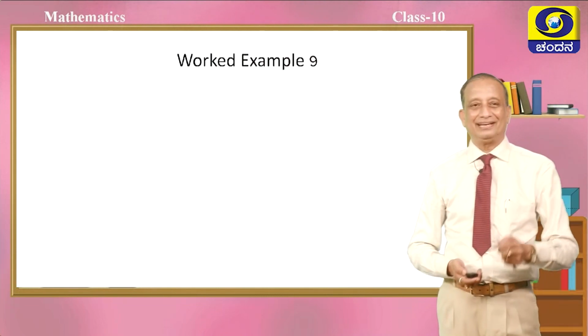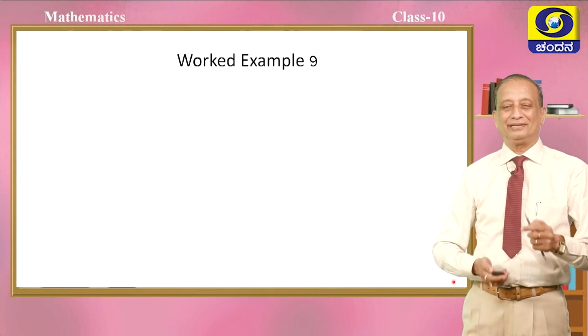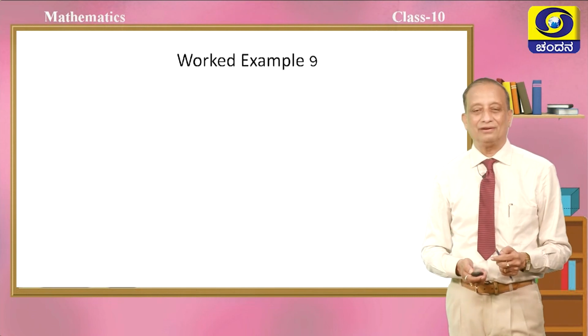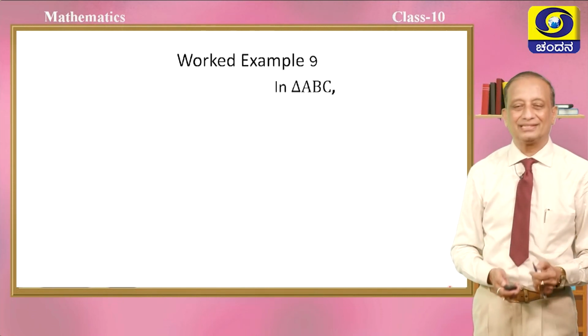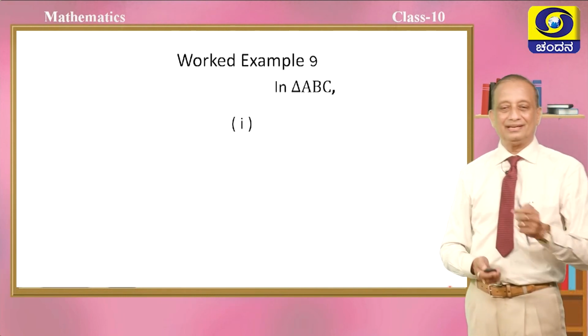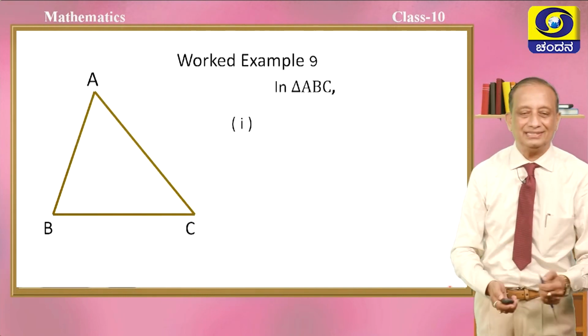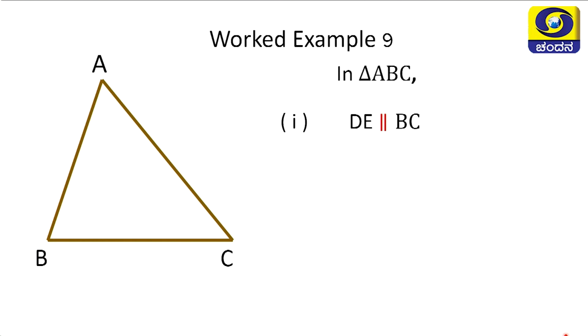Children, shall we take a worked example from our textbook? Here is worked example number 9, and apply the theorem which we have just now learnt on areas. Here is a scalene triangle ABC, in which DE is drawn parallel to BC. The arrow marks indicate that the lines are parallel.